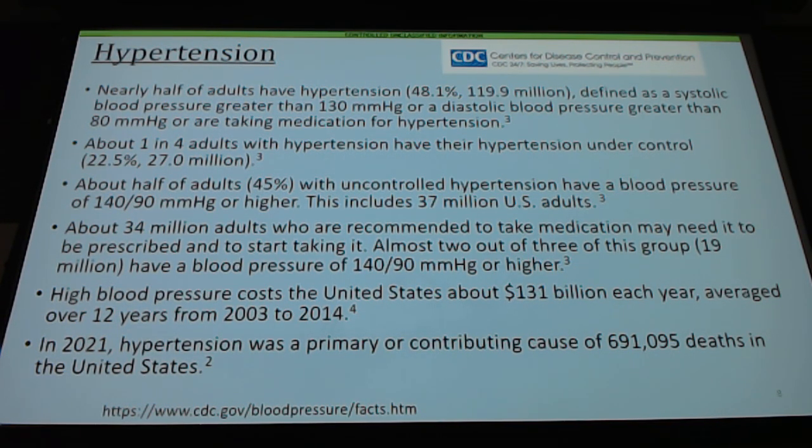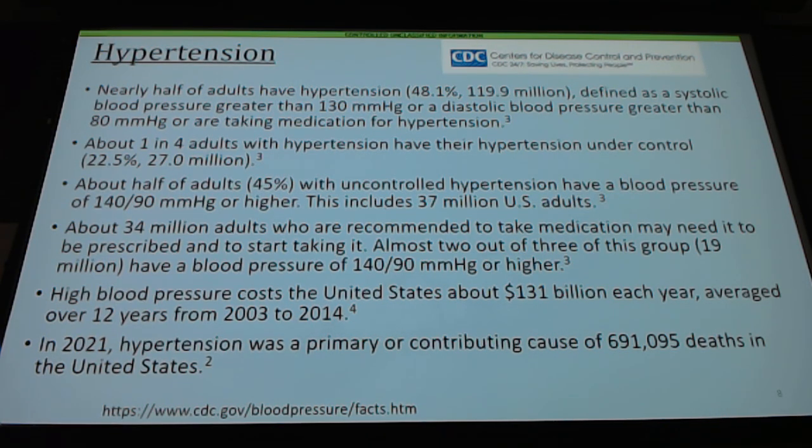When we look at the CDC fast facts on hypertension, in the United States alone, about half of American adults have hypertension when you use the criteria of a systolic greater than 130. About 1 in 4 adults with hypertension have their hypertension under control.